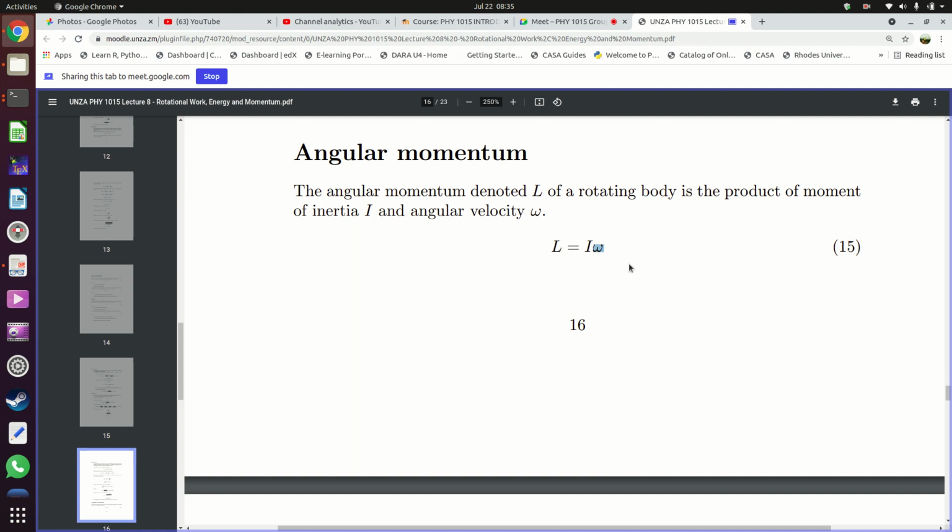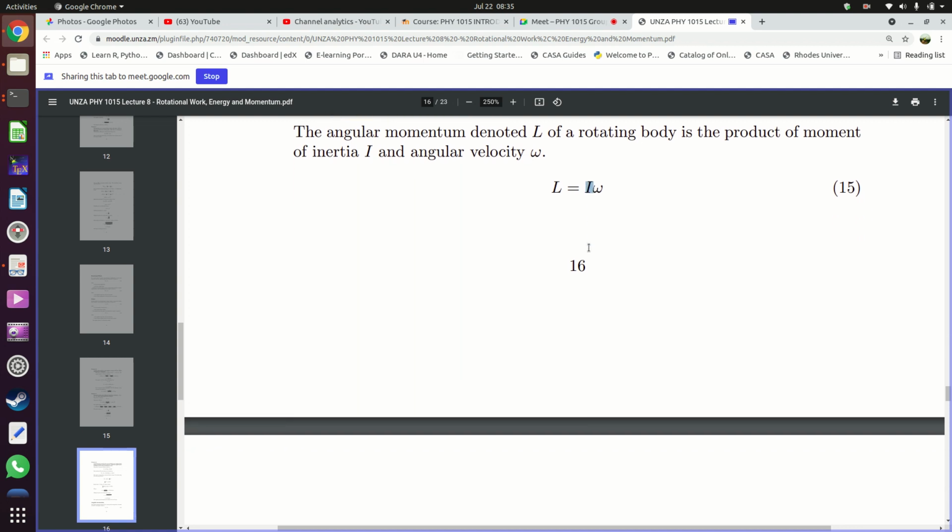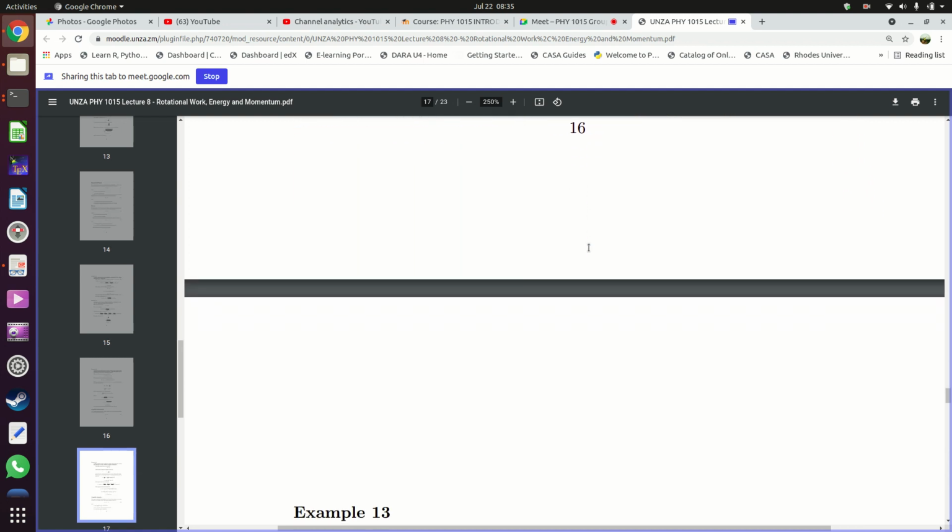You can only have angular momentum when your object is undergoing rotational motion. Of course, the object needs to have a certain amount of moment of inertia for you to do that.